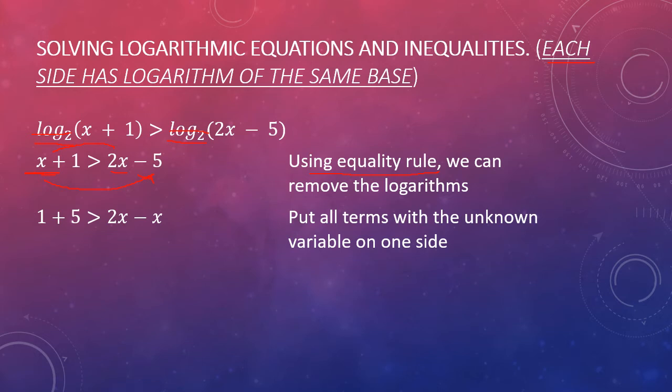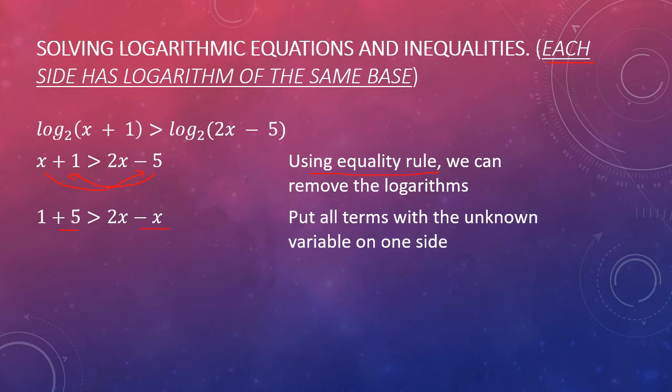So, let me erase this. Okay, so you can see what I did. This negative 5, I moved to the other side of the equation. So, negative becomes positive. And then this one, I moved to the other side. So, positive becomes negative.